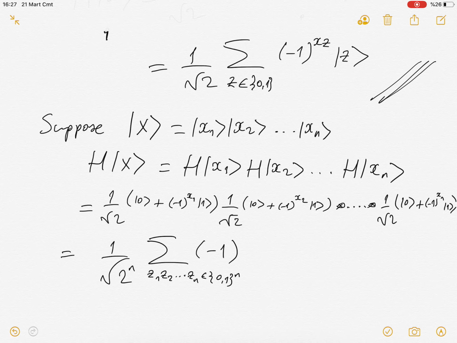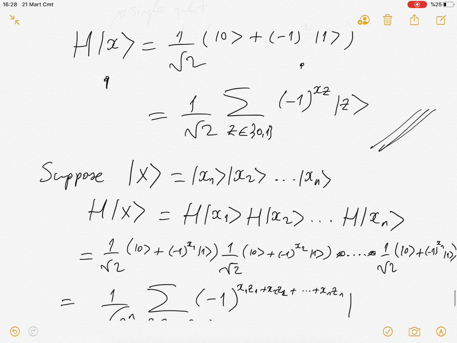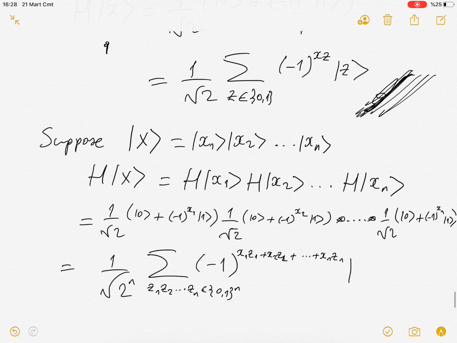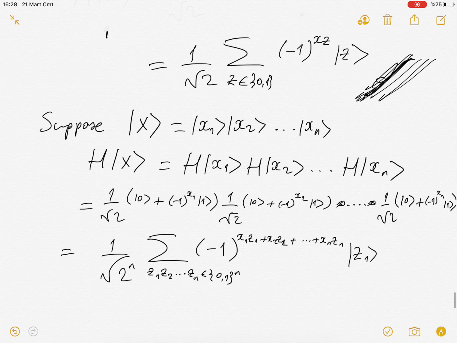So this will be equal to minus 1 to the power x1 z1 plus x2 z2 plus up to xn zn. And then the state is, so I'm basically applying this formula right here, z1 tensor z2 up to zn.